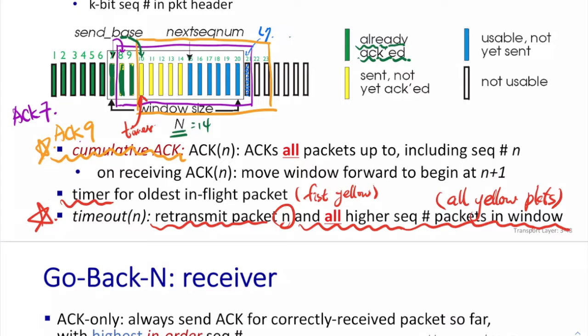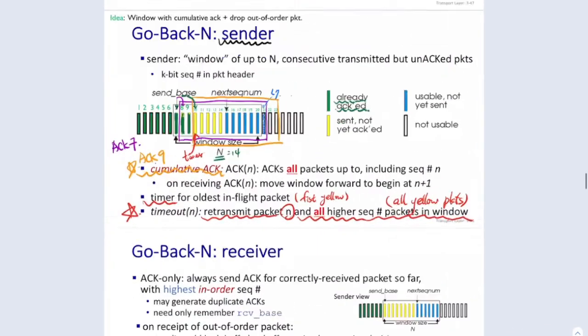That means all the yellow packets in this window will be retransmitted. That is the reason why this algorithm is called go back N, because at most capital N packets will be retransmitted if all the packets in the window are yellow. If the first packet times out, then we will retransmit all the capital N packets in the window. So that is go back N.